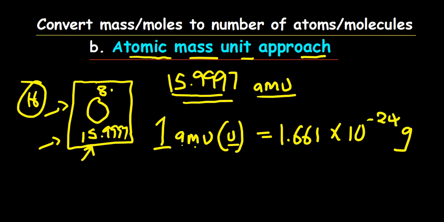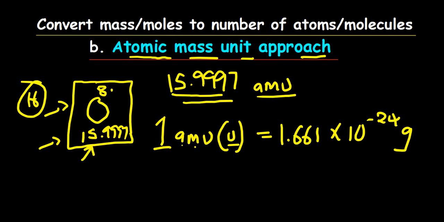So this is the relationship that we are going to be using in this approach. We have to know that one atomic mass unit, or simply 1U, is equivalent to 1.661 times 10 to the power minus 24 grams.